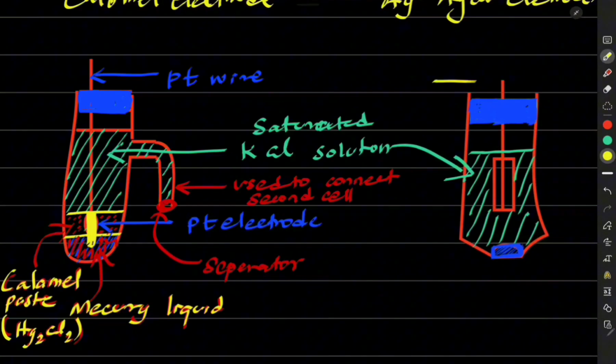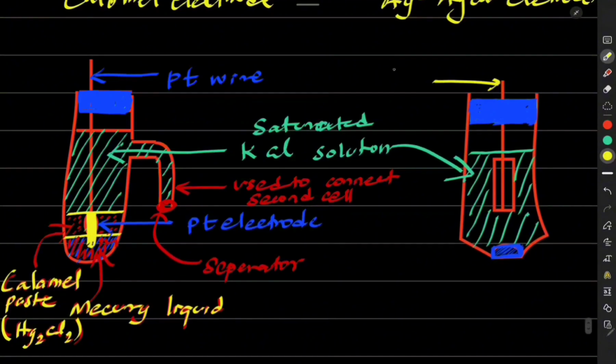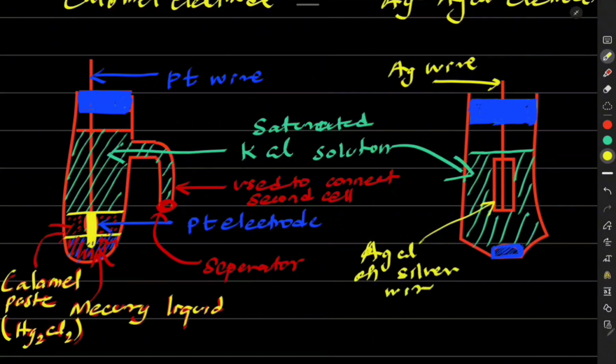In the silver chloride electrode, we use a silver wire, Ag wire, and the electrode is silver chloride salt on silver wire.